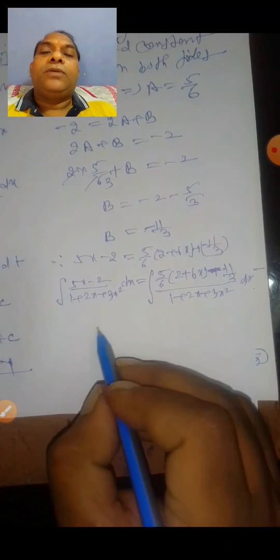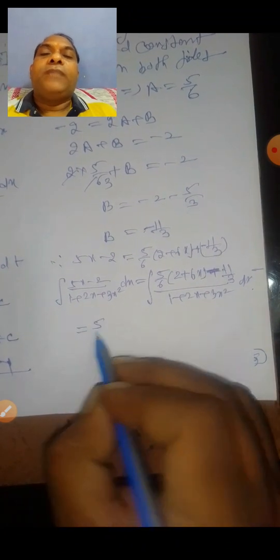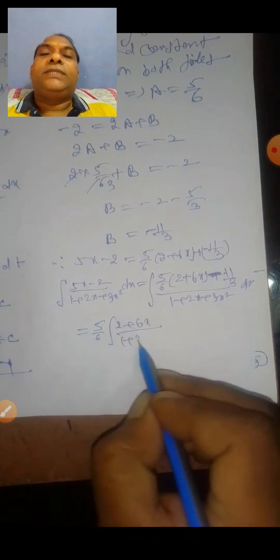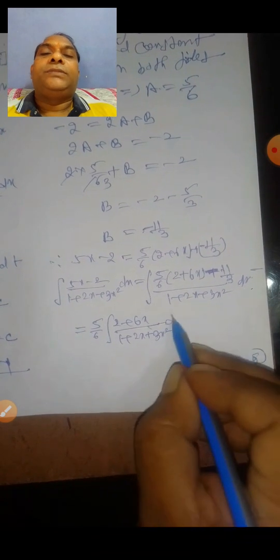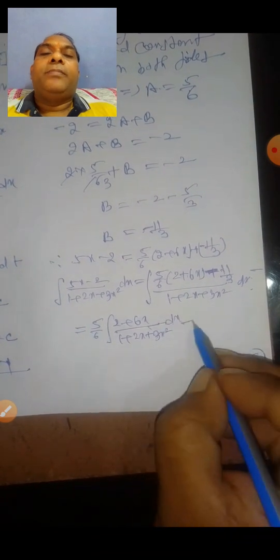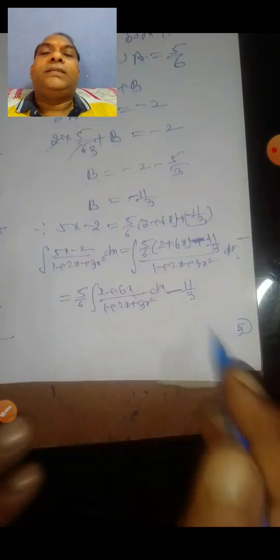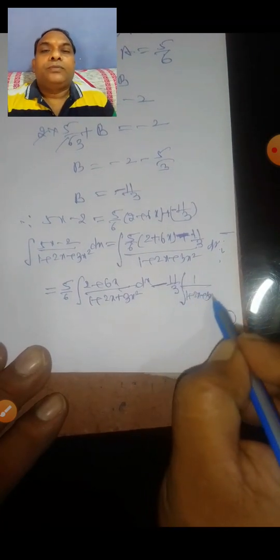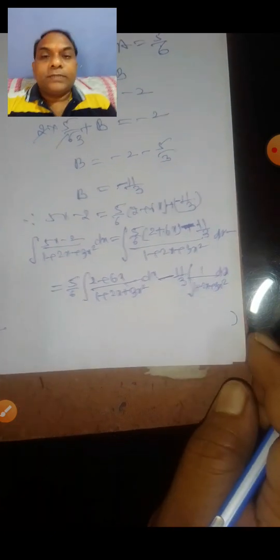This will be equal to 5 by 6 integration of (2 plus 6x) upon (1 plus 2x plus 3x square) dx minus 11 by 3 integration of 1 upon (1 plus 2x plus 3x square).